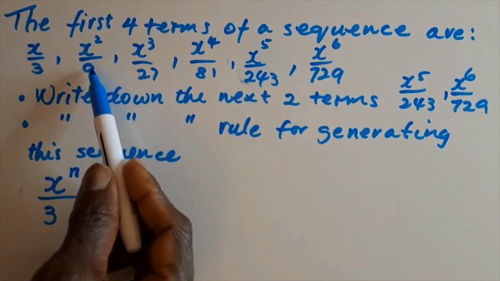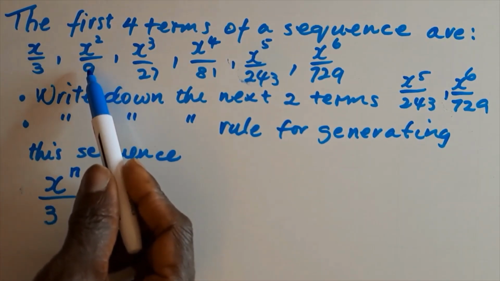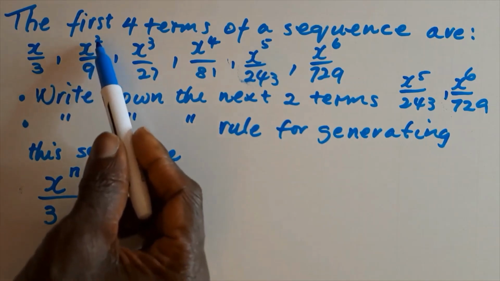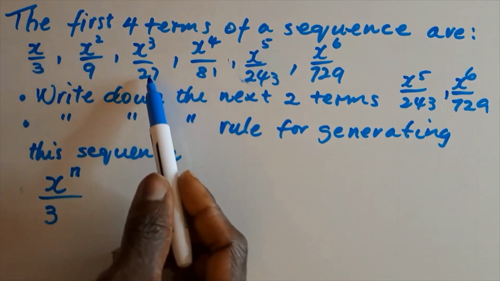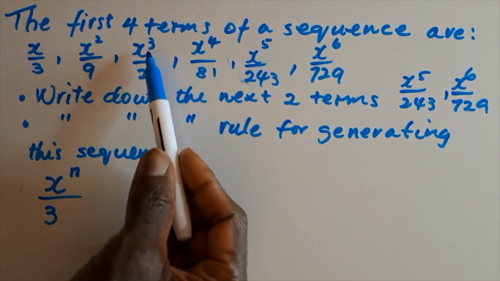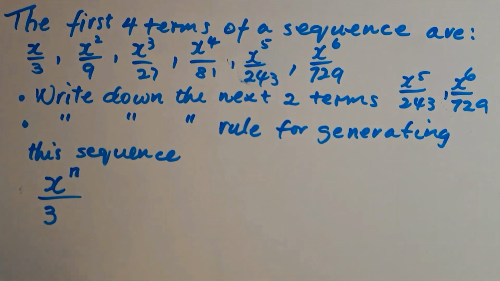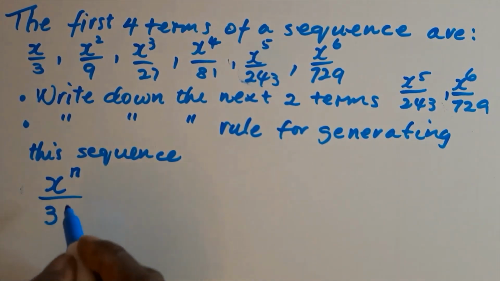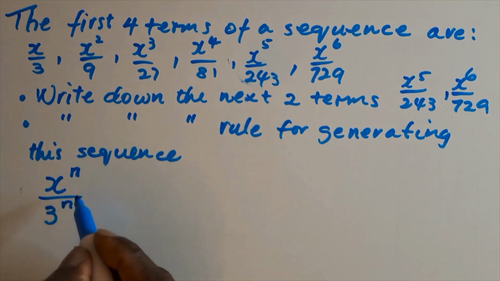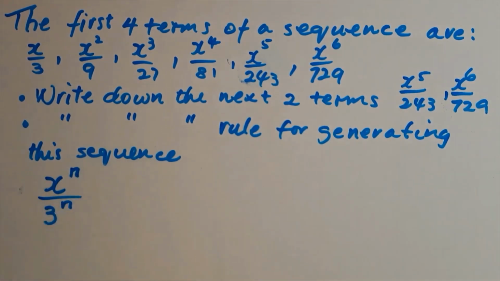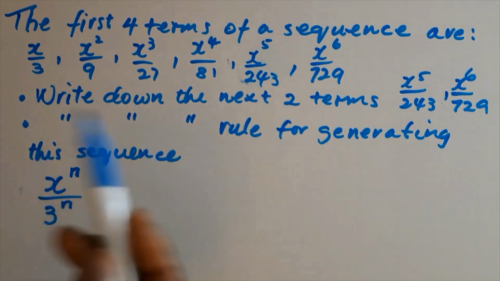Here, the power of 3 is 2, to give us 3 squared, and the power of x is 2. Here it's 3 cubed, and the power of x is 3. So we're raising the base of 3 to whatever n is in terms of the sequence.